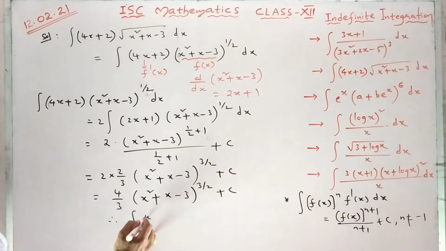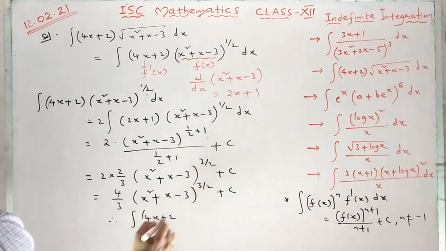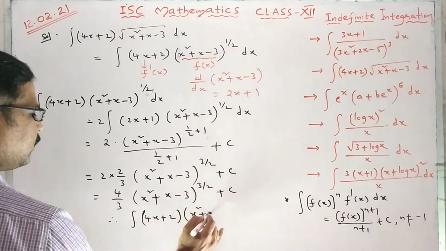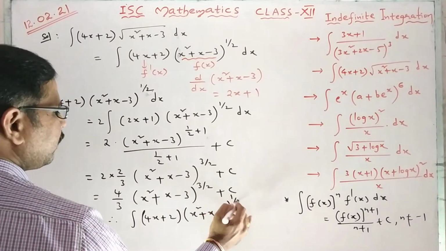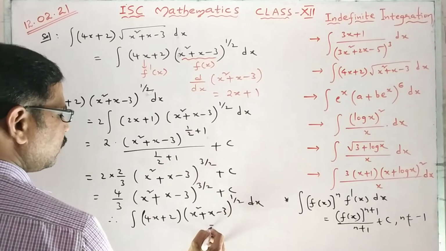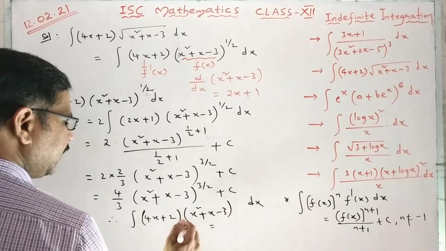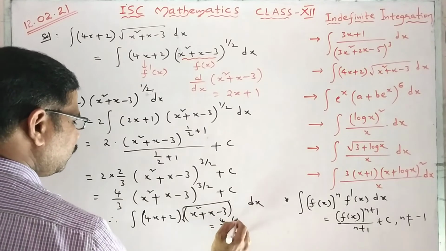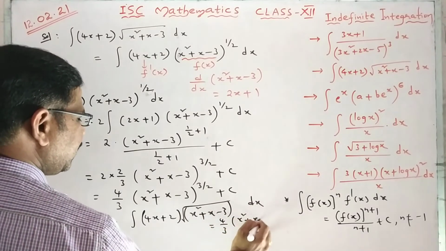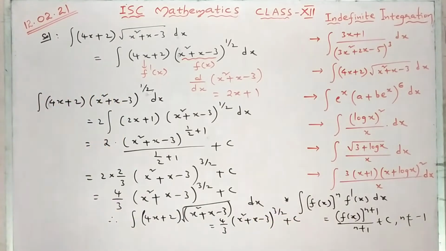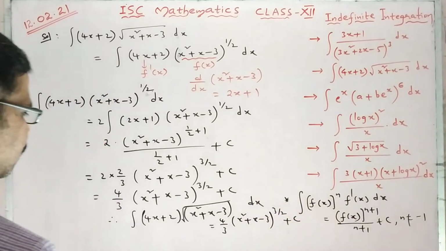Therefore, integral 4x plus 2 into (x square plus x minus 3) whole to the power 1 by 2 dx, so square root you can keep, is equal to 4 by 3 into (x square plus x minus 3) whole to the power 3 by 2 plus c. That is the end of solution, right?